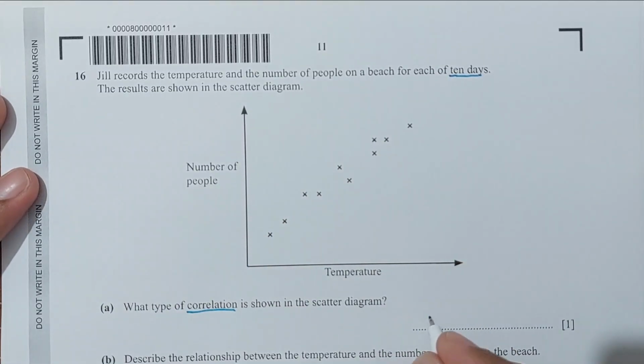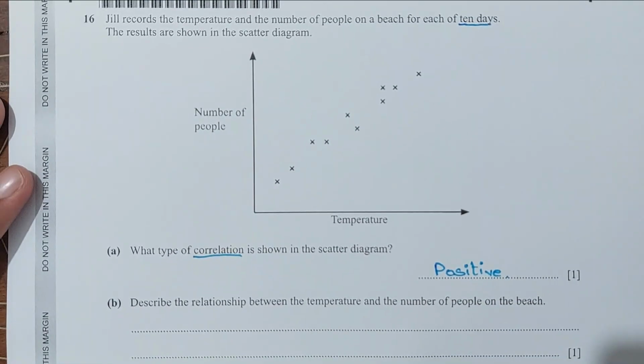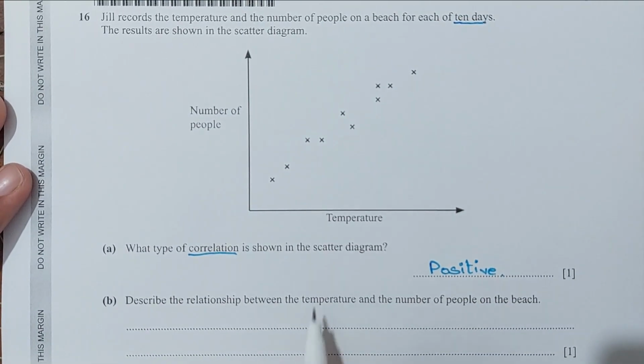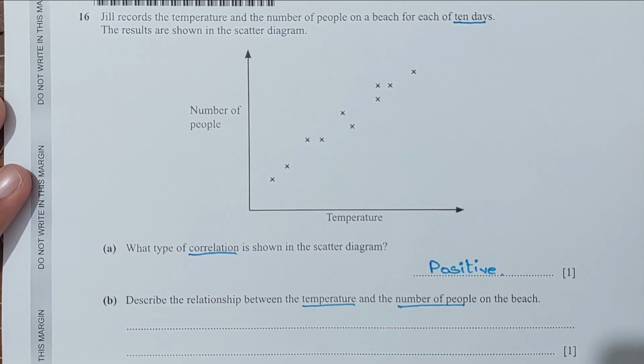So it is a positive correlation. Part B. Describe the relationship between the temperature and the number of people on the beach. Okay. So when the temperature is higher, the number of people on the beach also increases. So that is a relation.